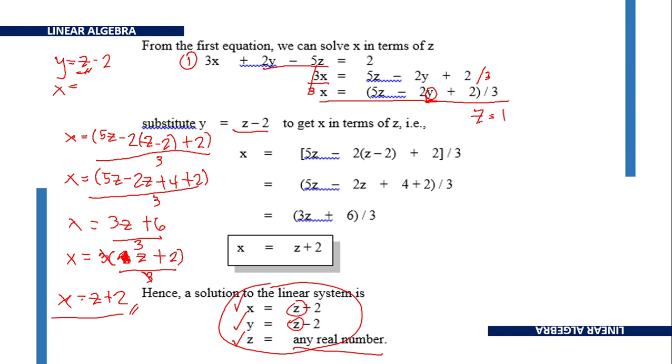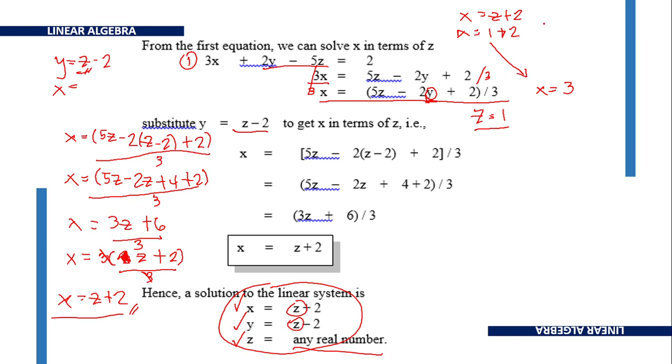Ang x ko diba is z plus 2. Since ang z ko is 1, so x is equal to 1 plus 2. So, x will be 3. Nakuha nyo? Ganito siya, dito ko lang sulat. x is equal to z plus 2. Eh, ang z ko is 1. So, x is equal to 1 plus 2. Kaya siya naging x is equal to 3.